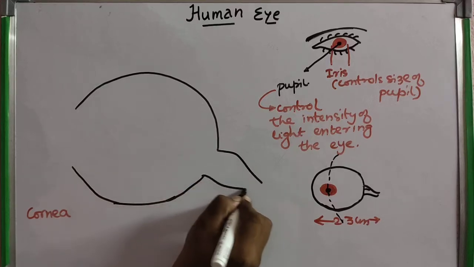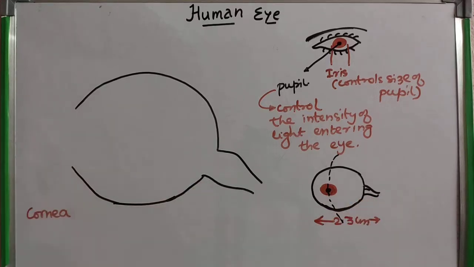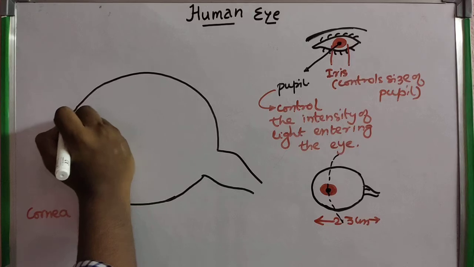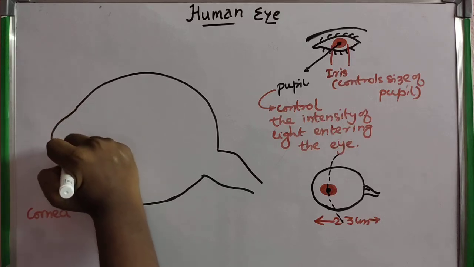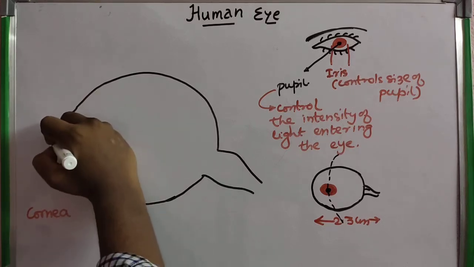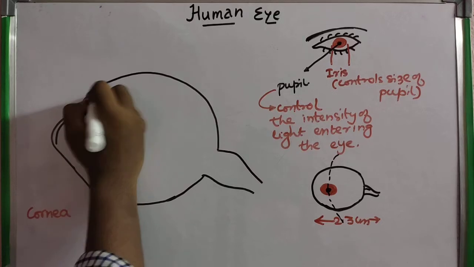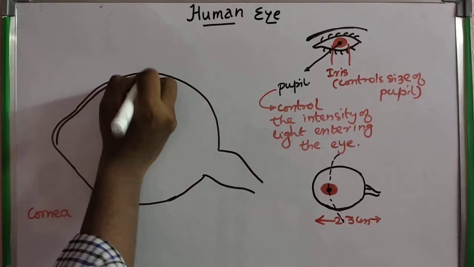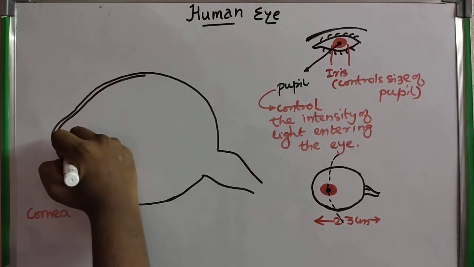This is the backward part. And in the front, there is a bulge. So this is the basic shape of the eye.